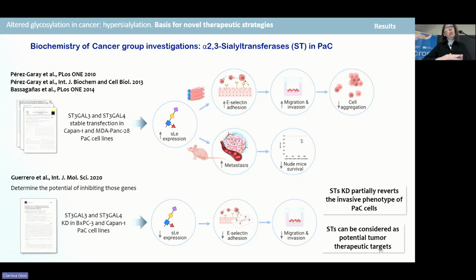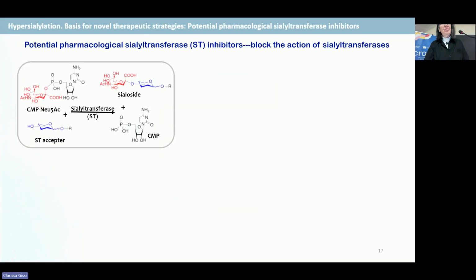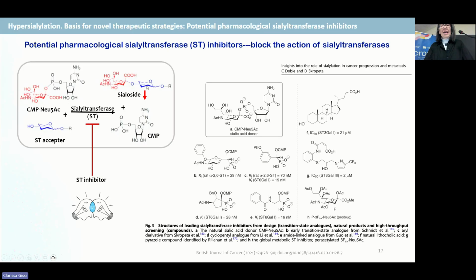So we wanted then to go a step further and to try to find a compound that could pharmacologically inhibit these sialyltransferases. This is what we are working on now. So try to block the action of the sialyltransferases in order to decrease this hypersialylation on the tumor cells.